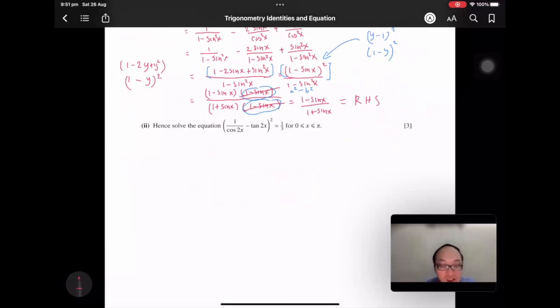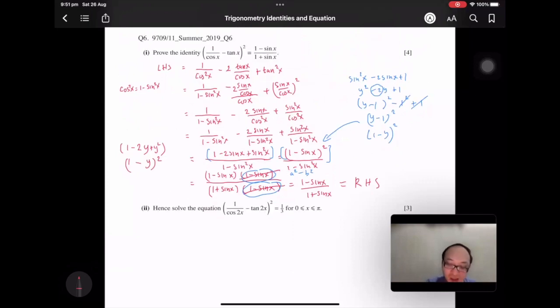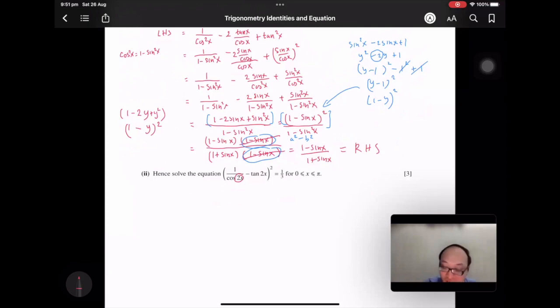Hence, solve the equation 1 over cos 2x minus tangent squared x equals 1 over 3. So the form of this will be the same, except the x changes into 2x. So I can use the form. So this will be (1 minus sine 2x) over (1 plus sine 2x) equals 1 over 3.